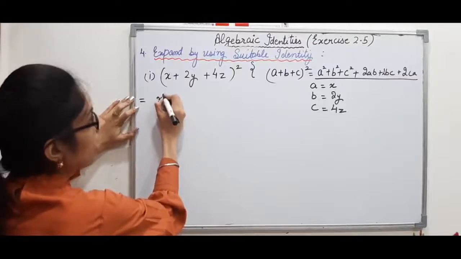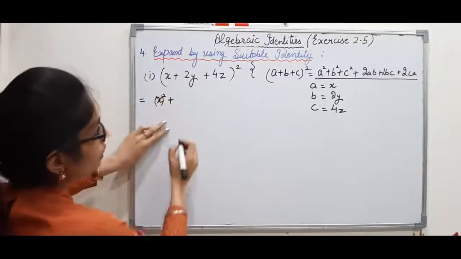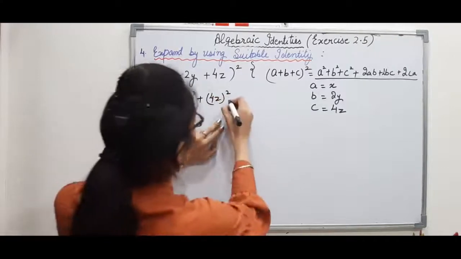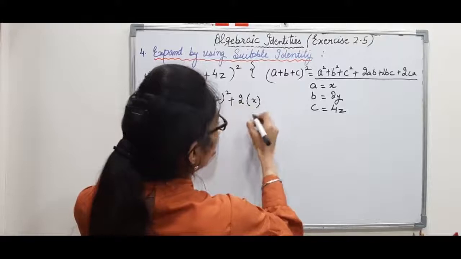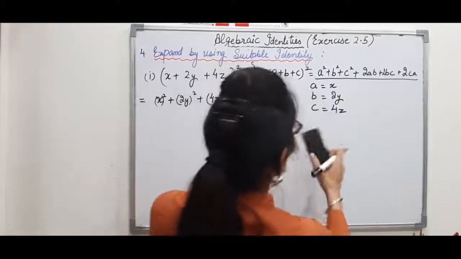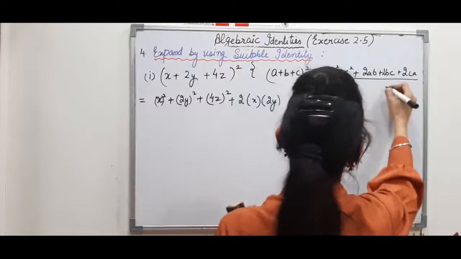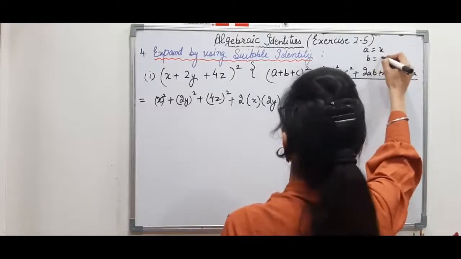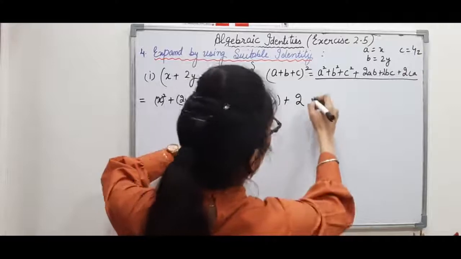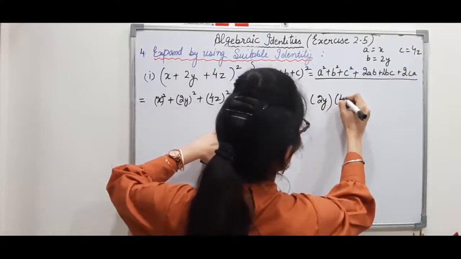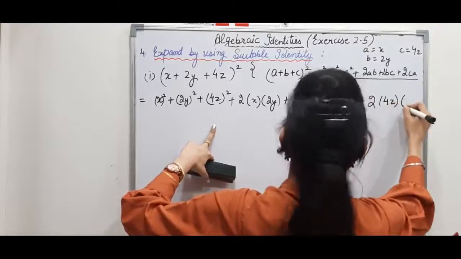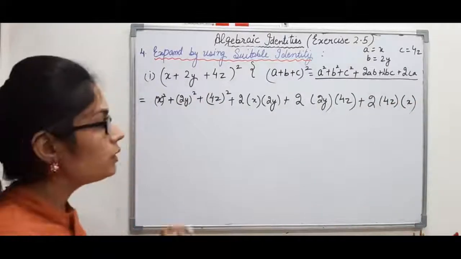A, which is x square, b, which is 2y square, plus 4z square, plus 2ab, 2 into x into 2y, because x is a, b is 2y, plus 2bc, b is 2y, c is 4z, plus 2ca, c is 4z into a is x. So I have just substituted the values.